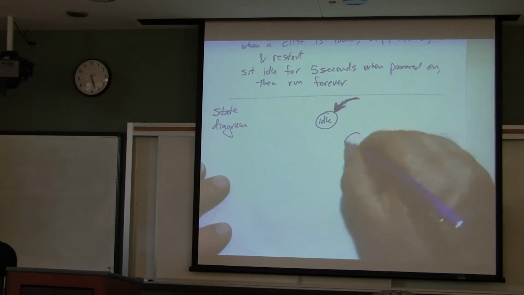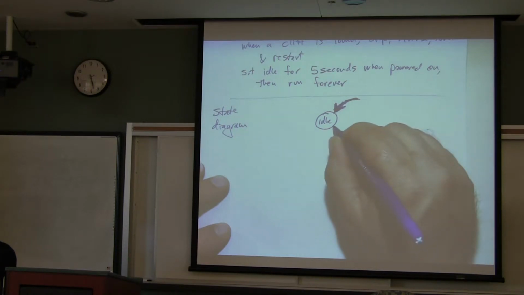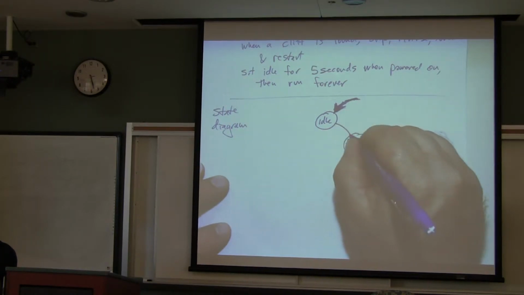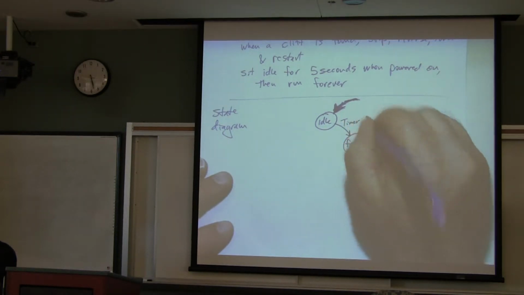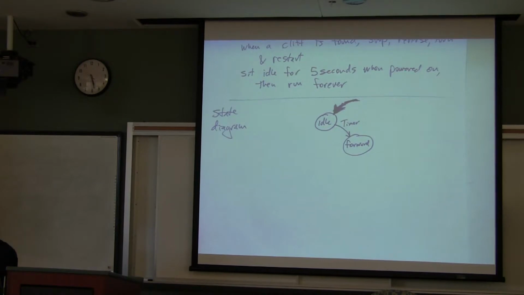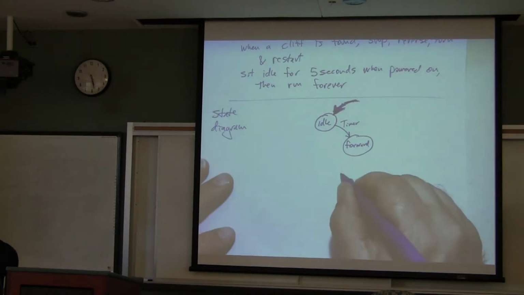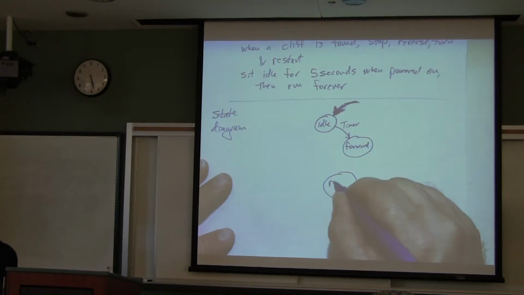Forward, forward. And what will be the transition from idle to forward? Timer. The timer. Second time. Will we have any other state? Reverse. Almost. Or stop. Stop first. No, reverse. Reverse.